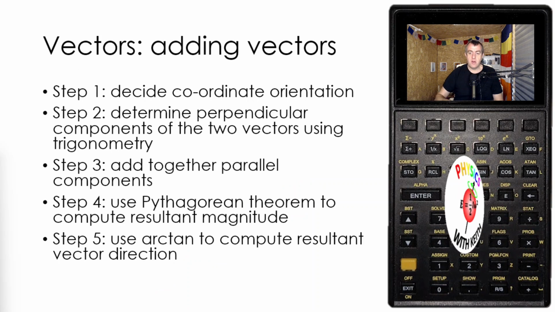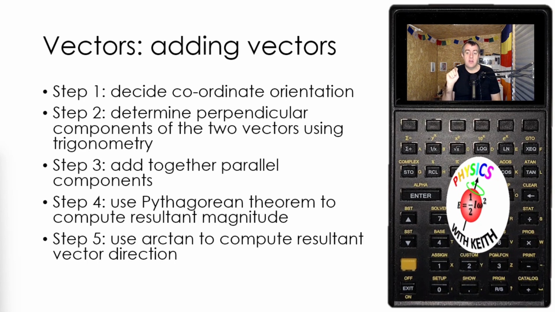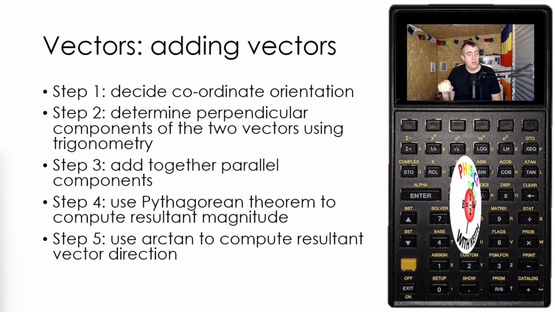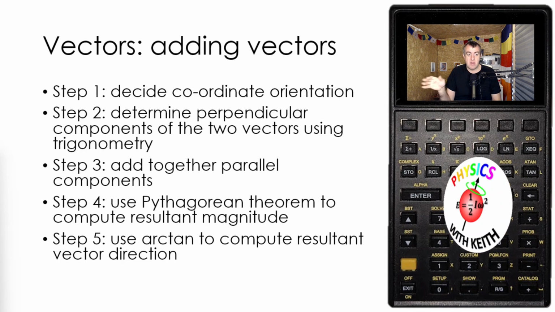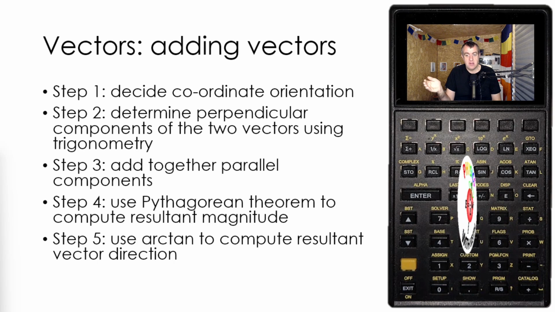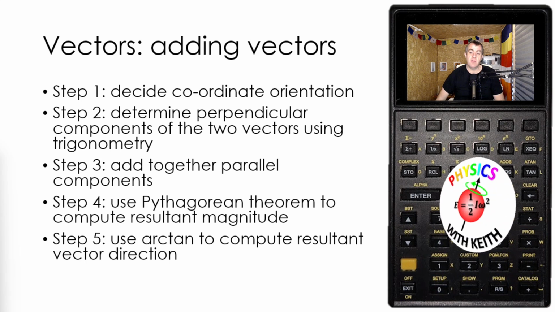Okay, fine. So how do we add vectors? Well, we could do it graphically, or we could do it in these 5 steps. First of all, we pick our orientation of our coordinate system, make it something convenient. Then we determine our perpendicular components.